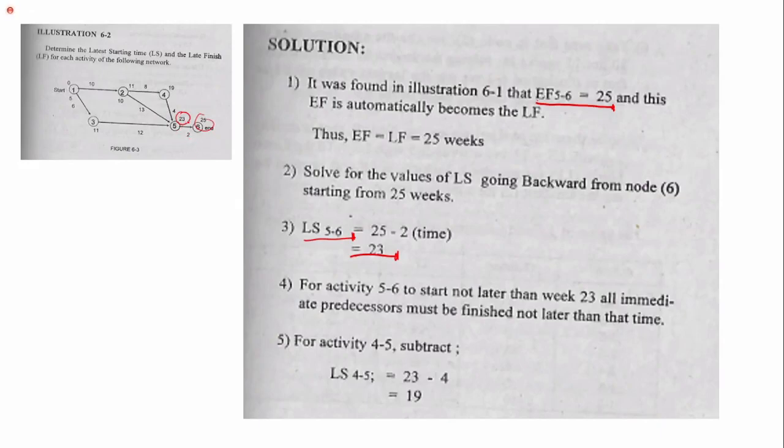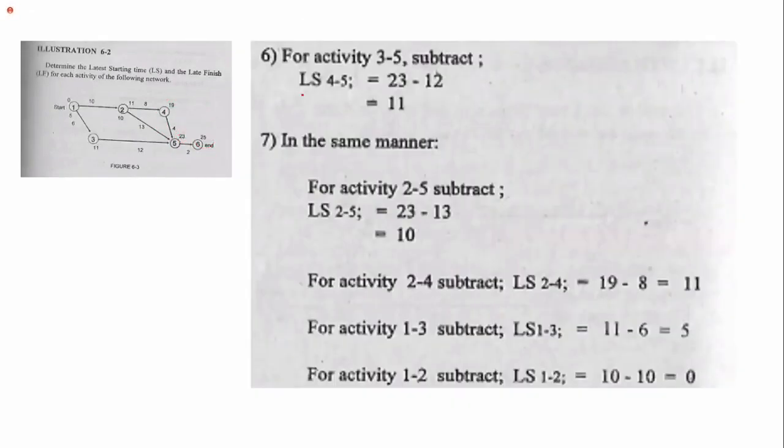If we go beyond 23 weeks, the project is delayed. Then for activity 4 to 5, the late start is 23 minus the duration, so we have 19.